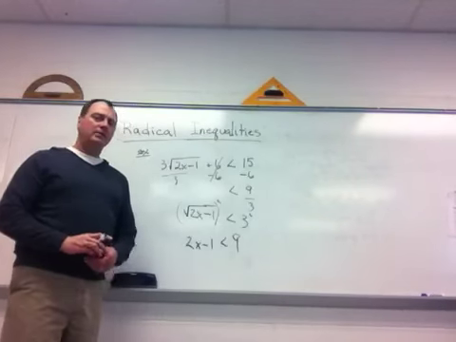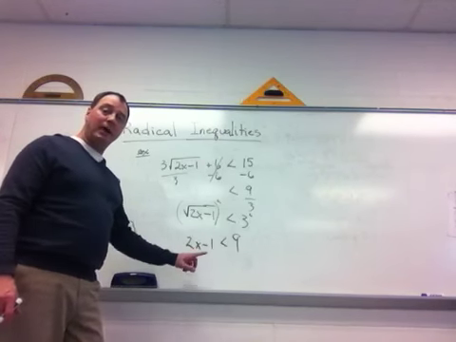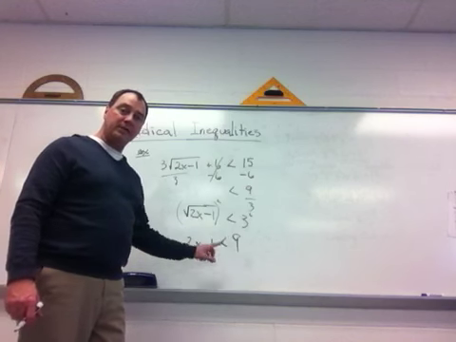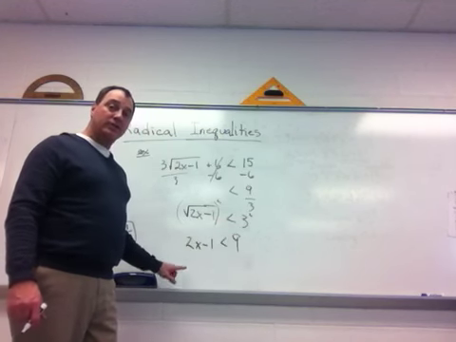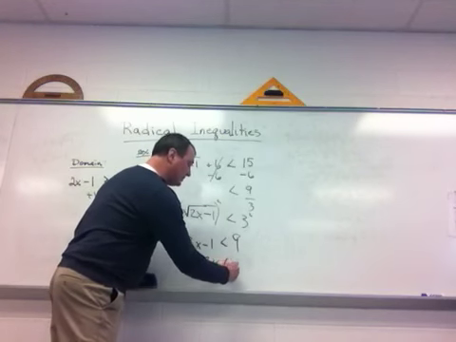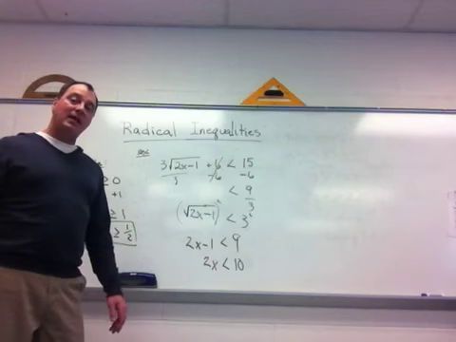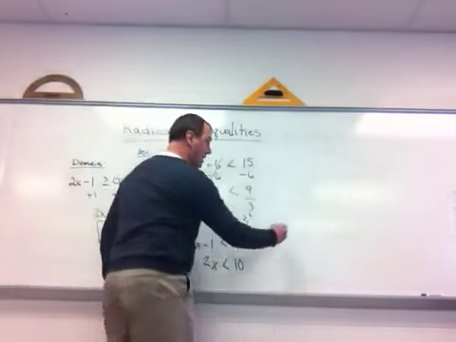From here, it's a pretty simple inequality. I add 1 to both sides, giving me 10 over there and just 2x over here. So I'd have 2x is less than 10.